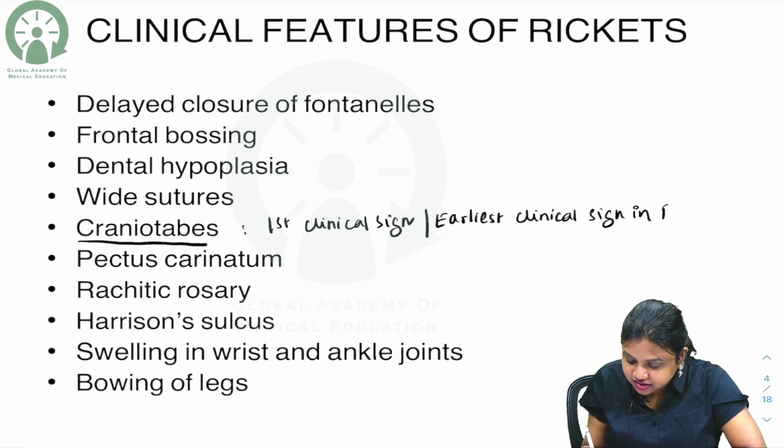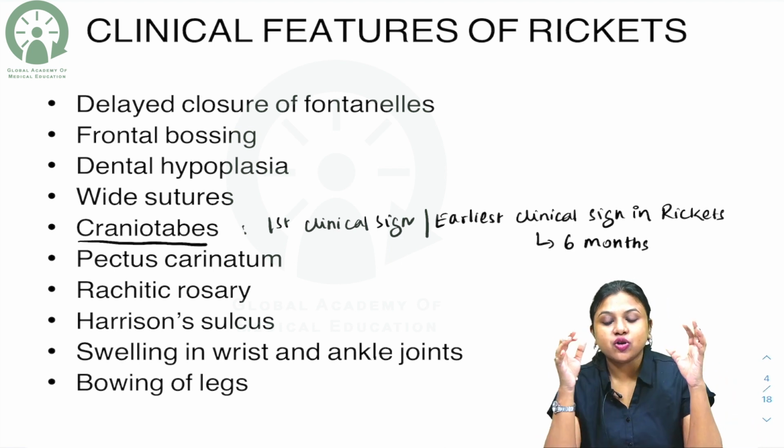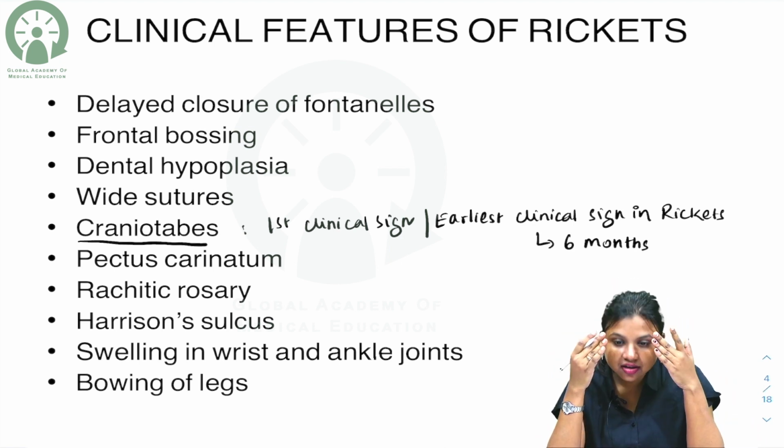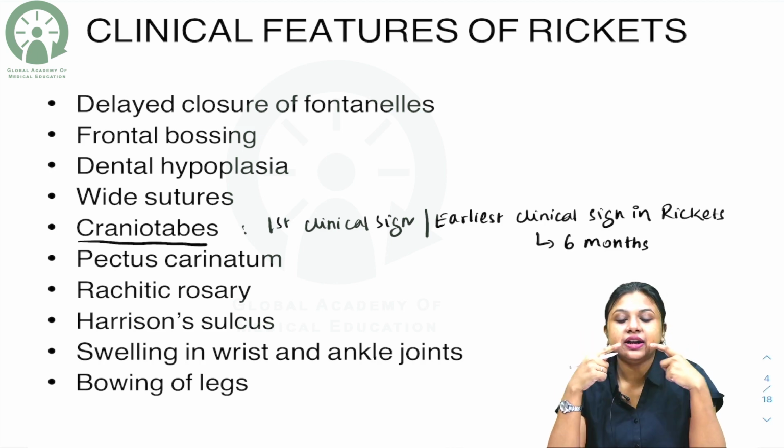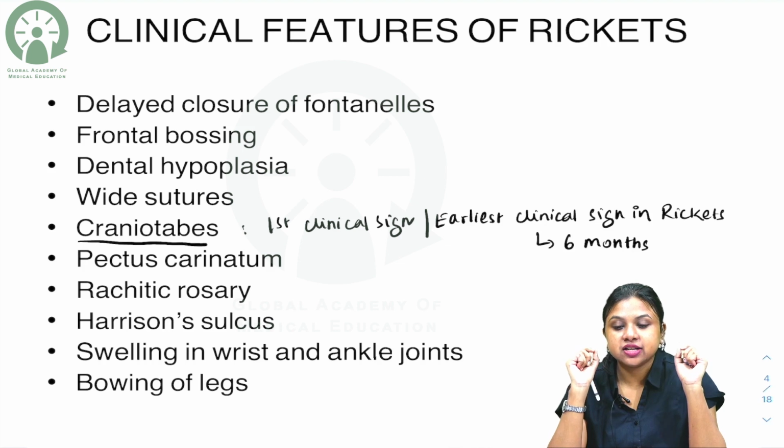In case of rickets, it is as early as 6 months. We'll also have delayed closure of the fontanelles. There will be frontal bossing, dental hypoplasia, white sutural lines, and there is going to be pectus carinatum and rachitic rosary.